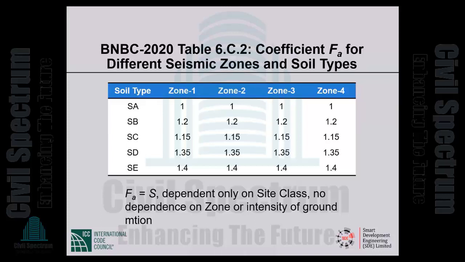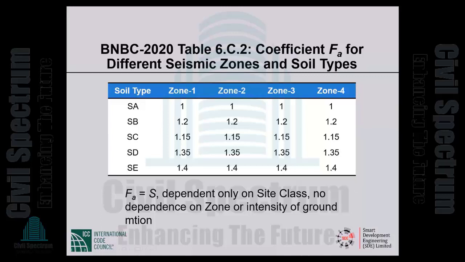In the BNBC, F sub A will apply to S sub S as given in Appendix C. F sub B will apply to S sub 1 as given in Appendix C. But remember, S sub 1 of Appendix C is always 40% of S sub S. Okay? So these are the F sub A values.